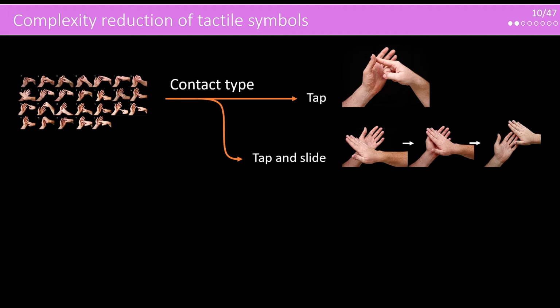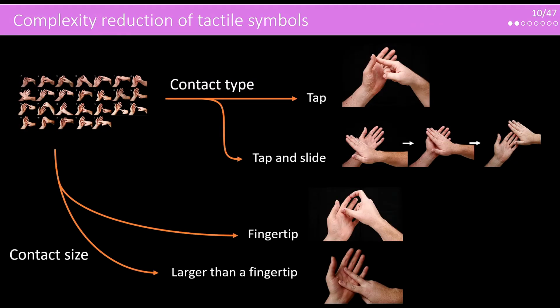The contact type can be a tap, so you tap with one finger, for example, on the skin and you release the pressure. It can be a tap and slide, so you do the same, but instead of staying at one location, you move to another location before releasing the pressure. The second variable is the contact size, so it can be of the size of a fingertip, such as the letter D, or it can be larger than the size of a fingertip, such as the letter V.